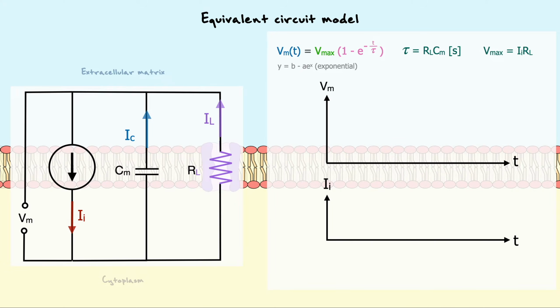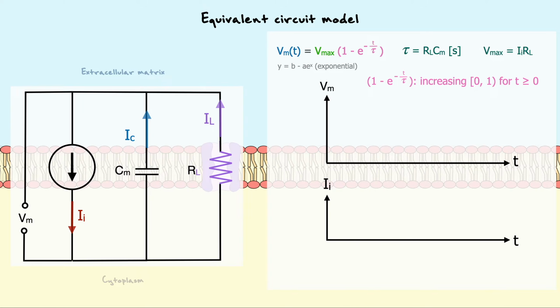And in green, we have the maximal voltage that the membrane potential can attain. The tricky part is the exponential bit in pink. You can think of the pink segment as a factor that tells you how much the membrane potential in blue approaches Vmax. Indeed, the pink factor on its own is an increasing function that gives a value between 0 and 1. Thus, as t increases, so does the fraction of Vmax.